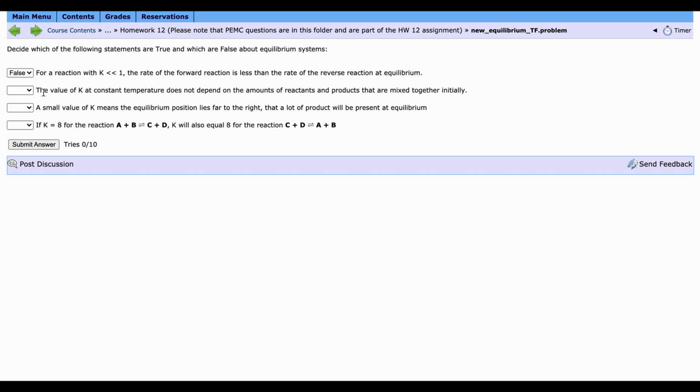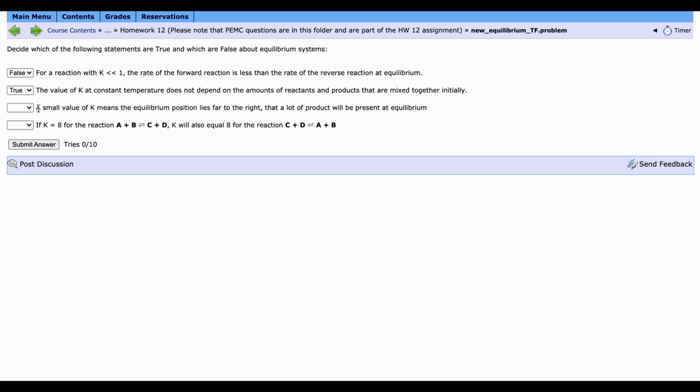The second one says the value of K at constant temperature does not depend on the amount of reactants and products that are mixed together initially. So that's true because we know that K depends on temperature and can only be changed by temperature.